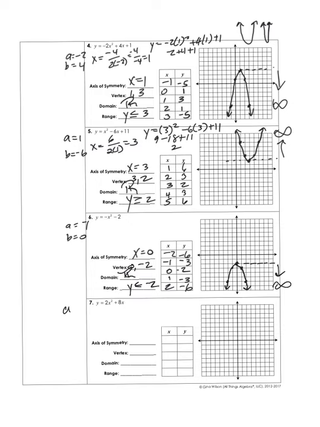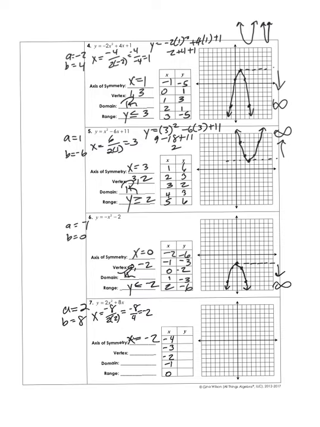Number 7, A equals 2, B equals 8. So x equals negative b, that's negative 8 divided by 2 times 2. That's negative 8 divided by 4, that's negative 2. Two points to the left, 2 points to the right.